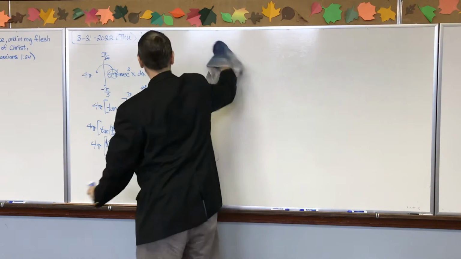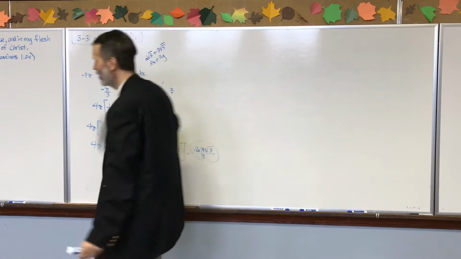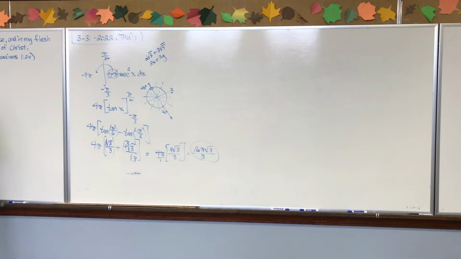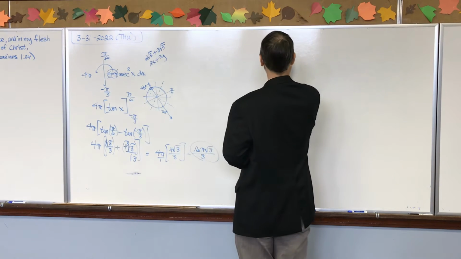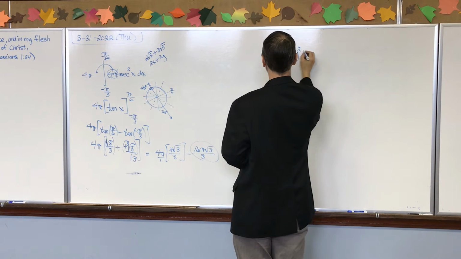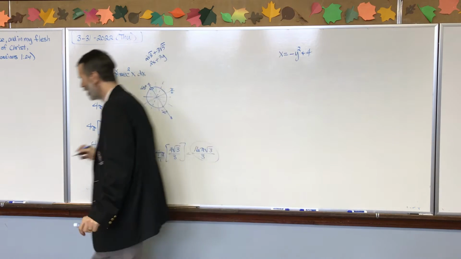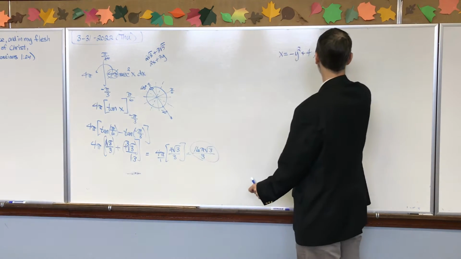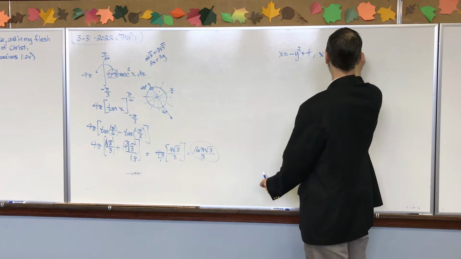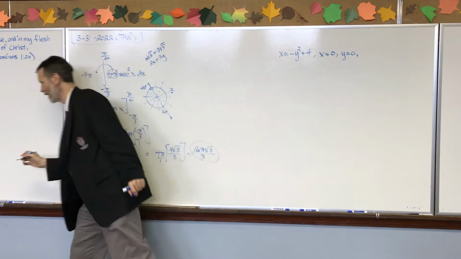Ironically enough, we're actually studying this in pre-calc right now. This is a sideways parabola. But let's pretend you don't remember that. x equals negative y squared plus 4, I think it was. Yeah. And then x equals 0, y equals 0, and then y equals 2.